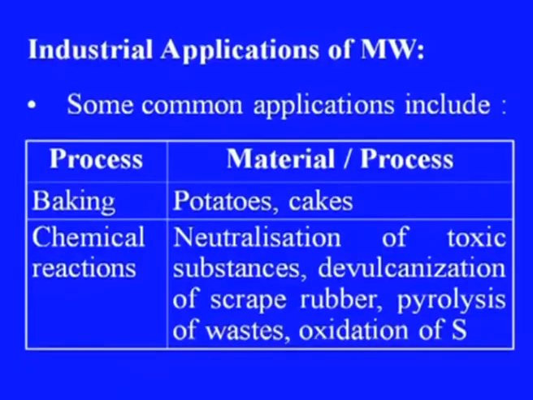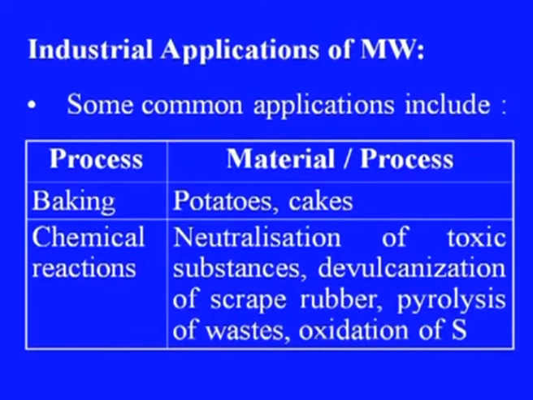Some of the common applications include food processing, baking. So, baking of potatoes, cakes and so on, or cooking some common food items. This is a very common application of microwaves.